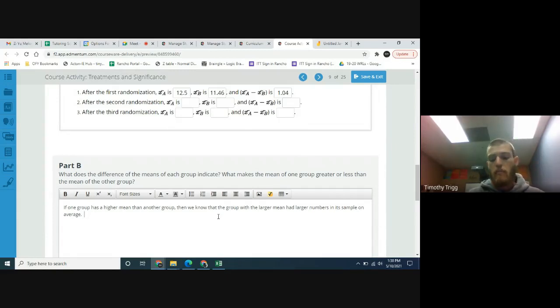The difference between the means indicates that there's a difference between the samples.